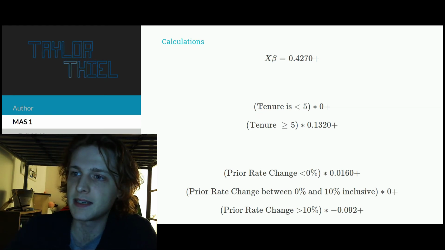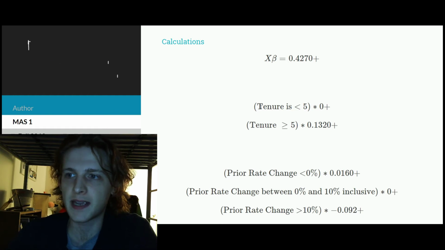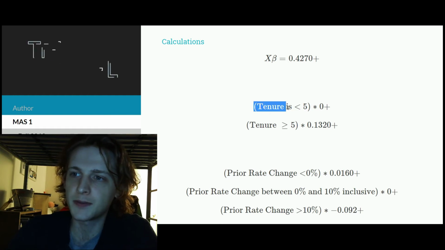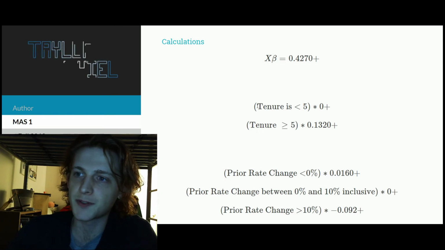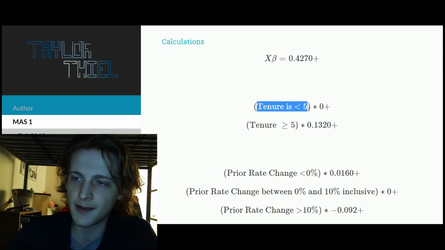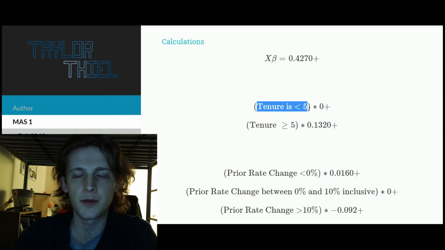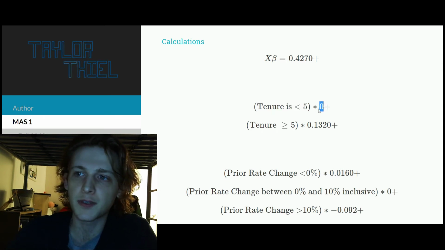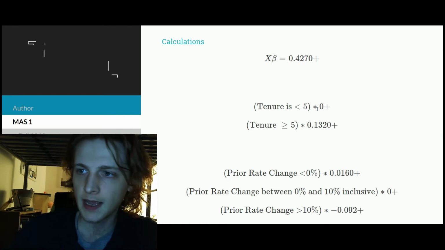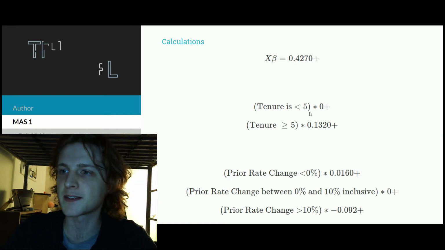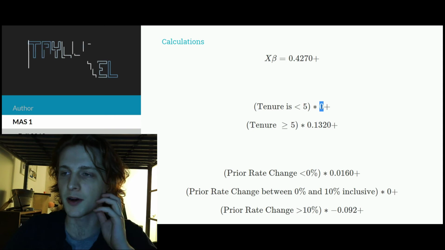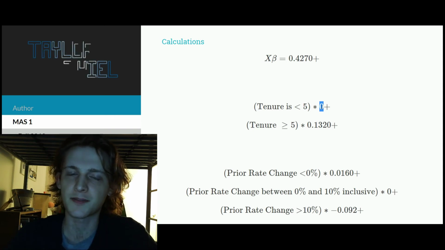So here we see, even though there's one variable, tenure, it has two levels, and it works out to be two indicator variables. So if tenure is less than 5, then 1, otherwise 0. And then you multiply that by its coefficient. So in this case, it's 0. And really, we're being a bit extra by writing this all out. You could look at, this is called the base level, because it's just forced to always be 0.